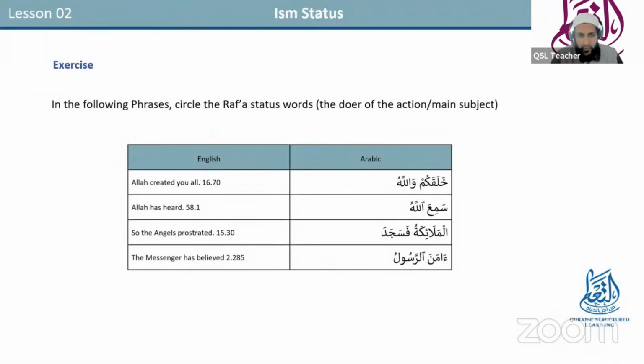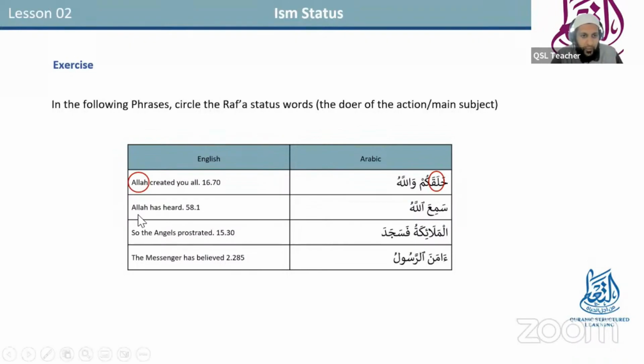For some reason, it's a different slide, but okay, let's look at the English anyway. Allah created you all. What is the action word? It will be created. So therefore, the doer will be the word Allah. If you ignore the Arabic on that one for now, the words are the wrong way around.